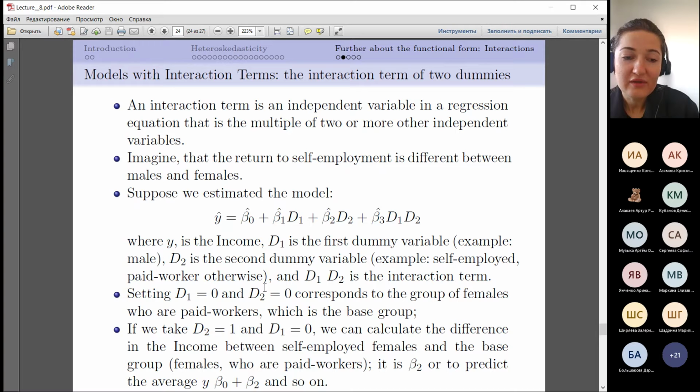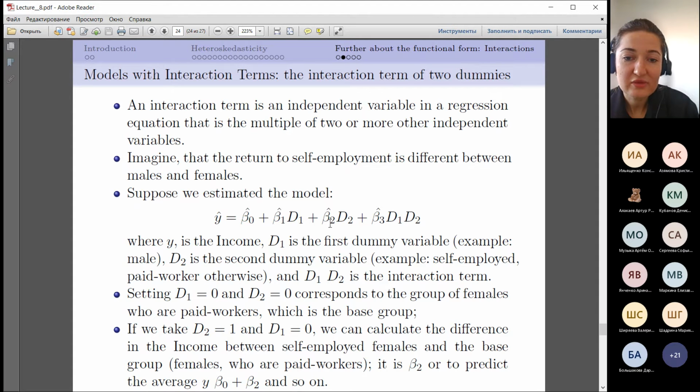And if you take that d, now the second dummy variable equals 1 and the first one equals 0, you can find the difference in income between self-employed females and the base group. In our case, the base group is females who are paid workers, the base group that we just discussed here, yeah?